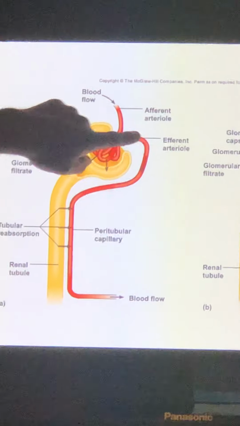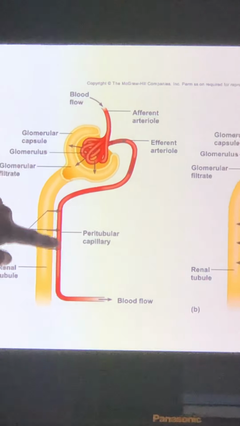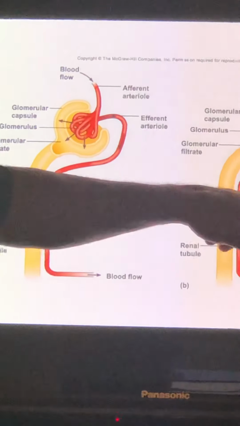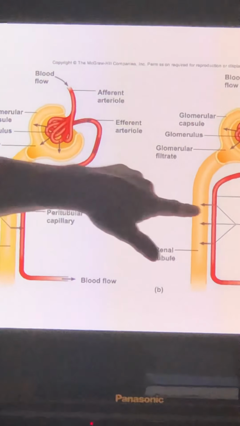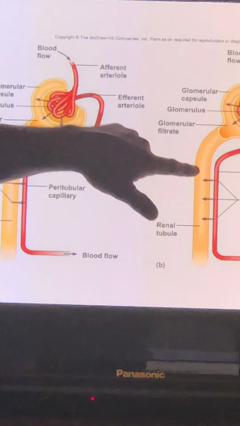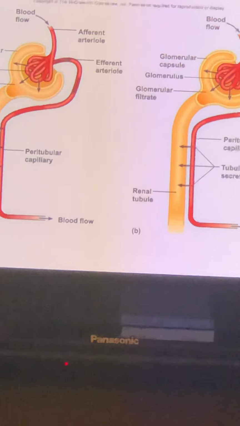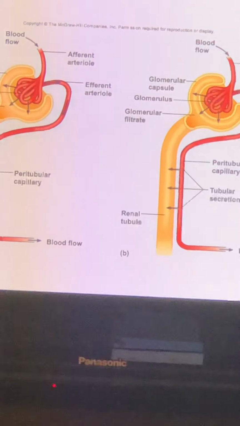Right? Basically, this is the efferent arteriole and the peritubular capillaries. Once we get along in that blood flow, then we go from the bloodstream back into the tubule. But this is very late in the tubule, at the distal convoluted tubule. So secretion, I just don't like their diagram.